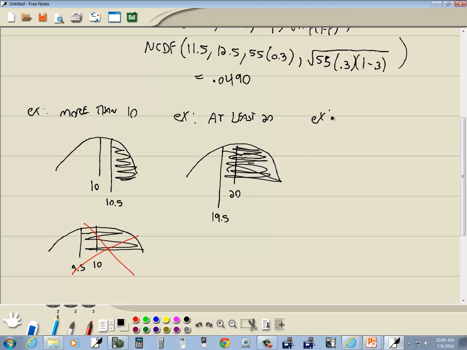One more. At most 30. Well, at most is shaded to the left, because it could be 1, 2, 3, all the way up. At most 30 includes 30. So here I'm going to need to add 0.5, because I'm shading to the left. And again, if your wording includes 30, then your shading has to include 30. So again, that should be a whole driver on whether you add or subtract 0.5.